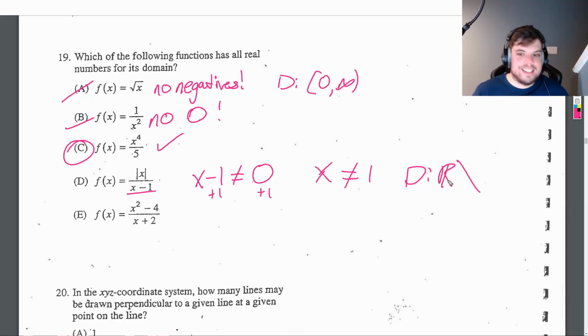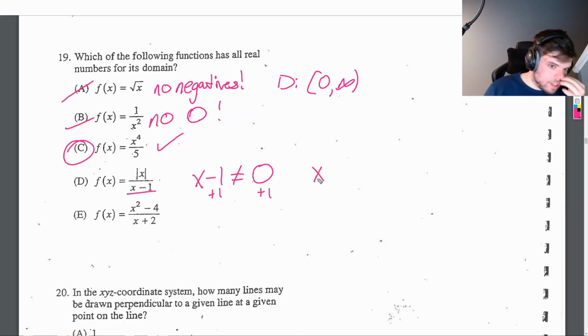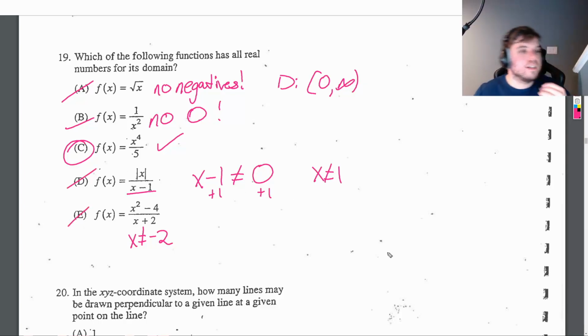So this is not going to be sufficient. x plus 2, again, all real numbers where x cannot be negative 2. So these are not possible. It has to be C. C is the only one that admits all real numbers into its domain.